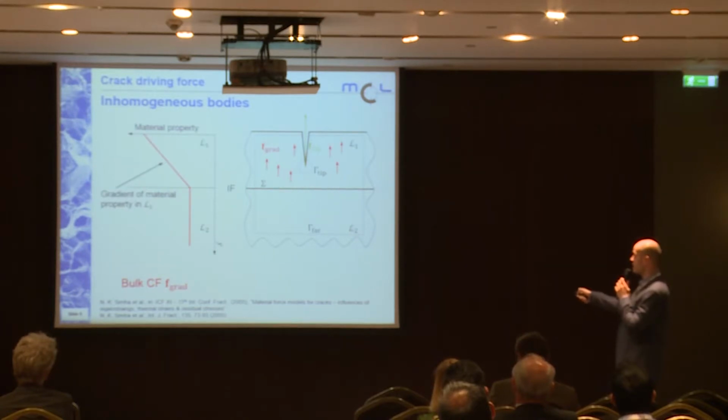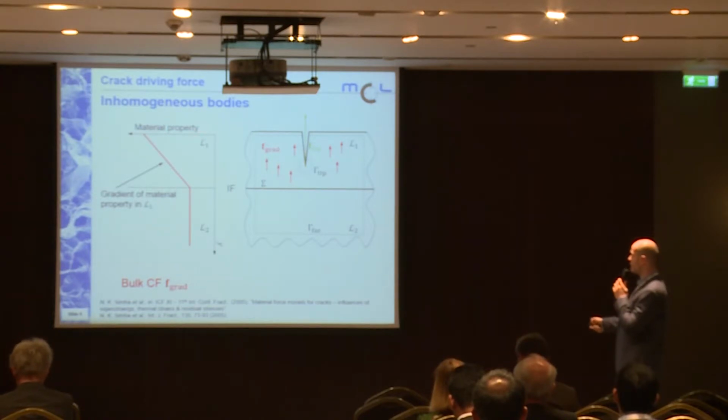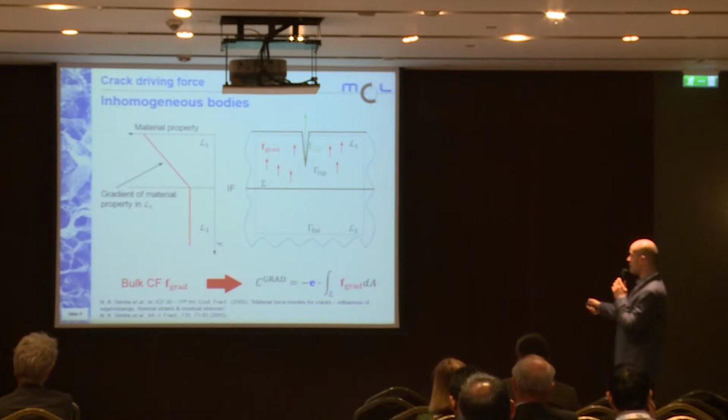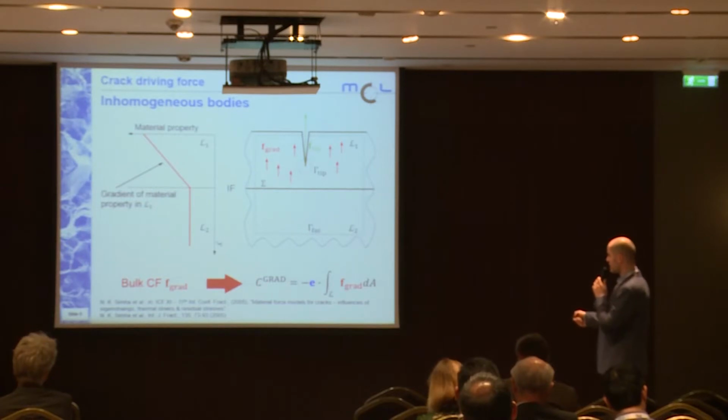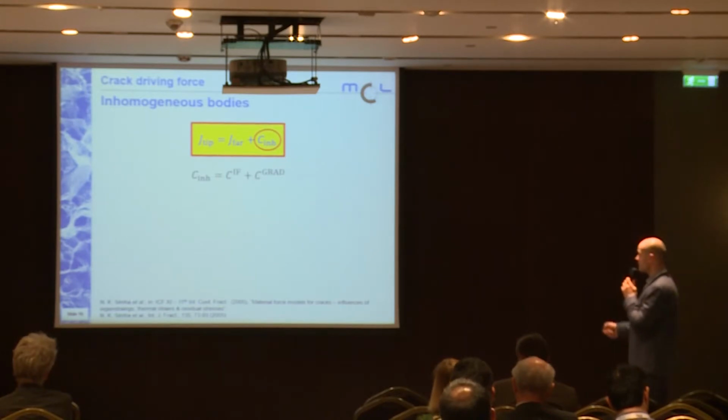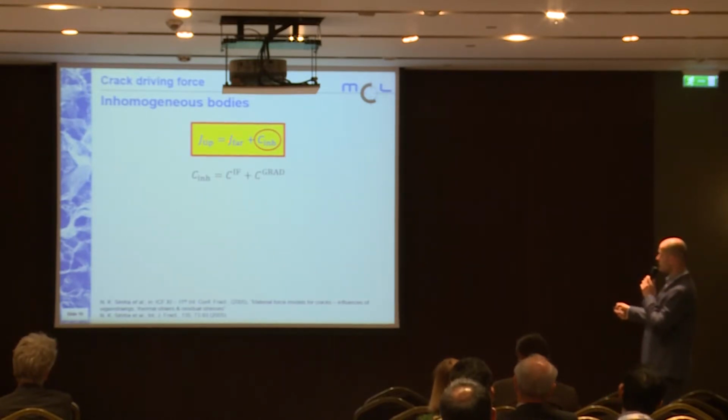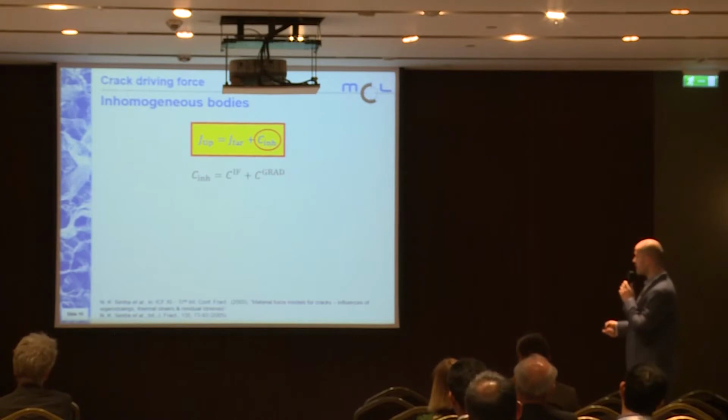Additionally, we can have a gradient of material properties in a layer, here for example in layer L1, and this gradient causes gradient or bulk configurational forces, F gradient, which induce a gradient term, C grad. So in an inhomogeneous body, J tip is not equal to J far anymore. We have to add another term, the C inhomogeneity term, which in this case is the sum of the interface term and the gradient term.